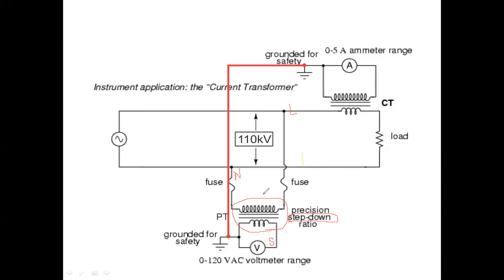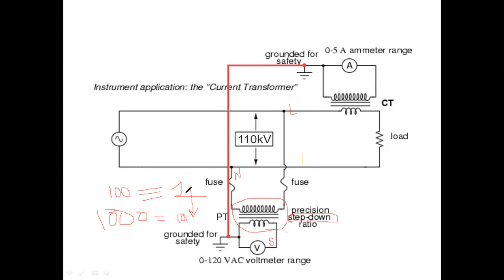So the PT is calibrated in such a way that it maintains some ratio. We know the transformation ratio. If 100 volt is passing here, then in the secondary side just 1 volt is induced. In this way the highest range and lowest range are stepped down up to a certain limitation. Say this is 1000 volt, then this will be 10 volt, because the ratio is maintained.